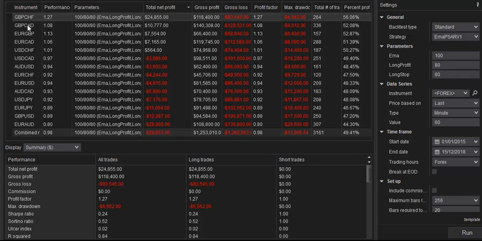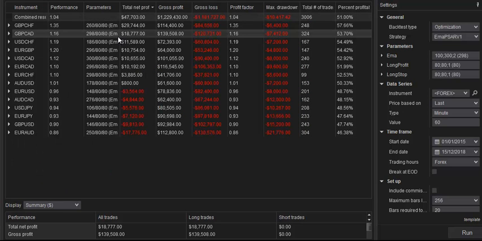If we look down at the pound CAD, it was giving us approximately 11,000 at the 100 EMA, and if we change that to the 298 EMA, or roughly 300, which is the most profitable setting there, we're up to nearly 19,000. It's quite a big difference just by changing the setting of your EMA to reflect that currency pair.